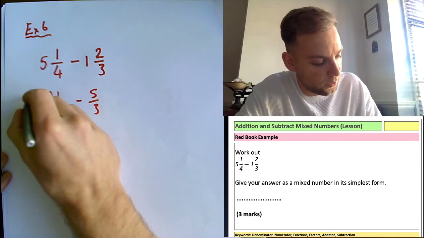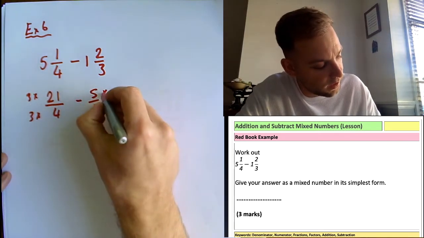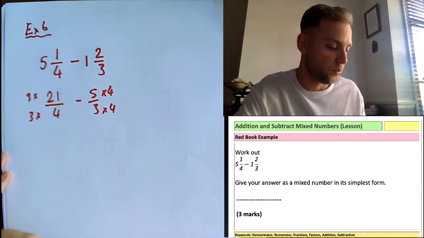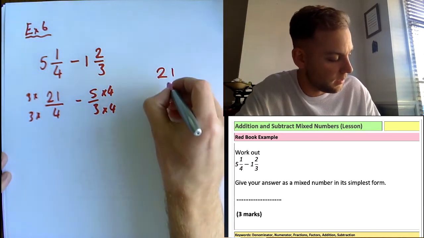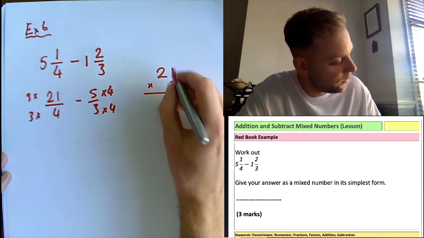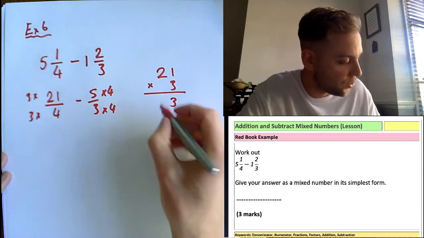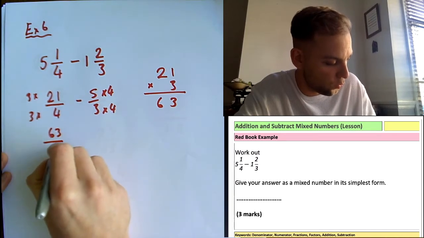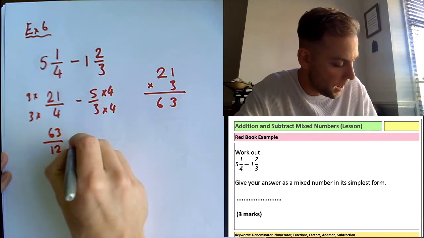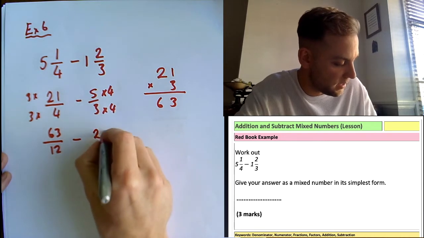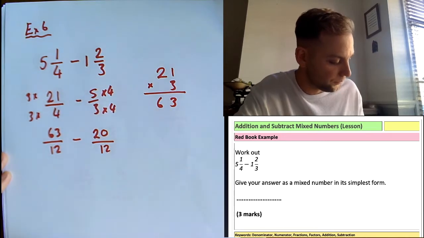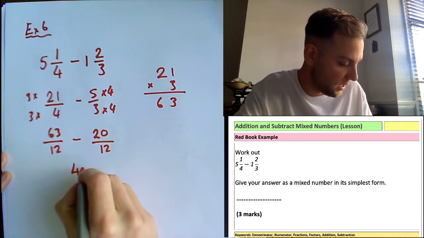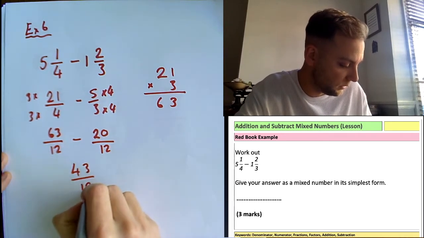So times by 3, times by 3, times by 4, times by 4. So 3 times 21, I'll do that on the side. 3 times 1 is 3, 3 times 2 is 6. So that's 63 over 12, minus 5 times 4 is 20 over 12. 63 take away 20 is 43 over 12.